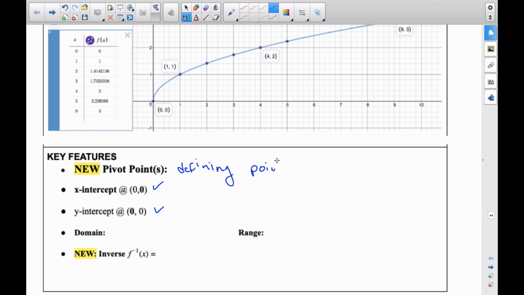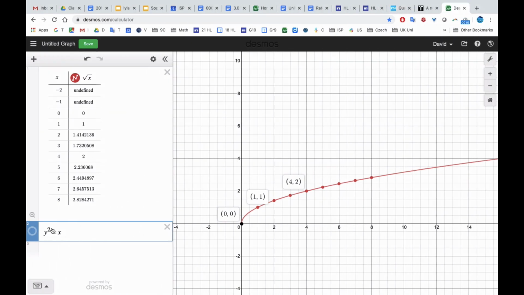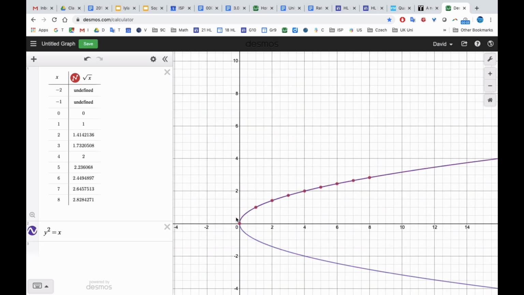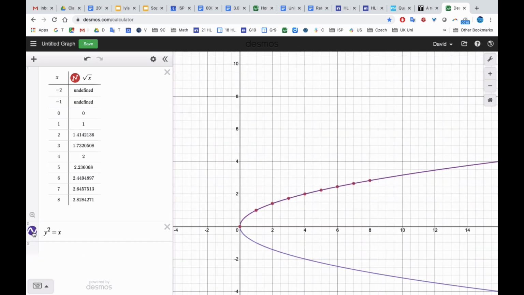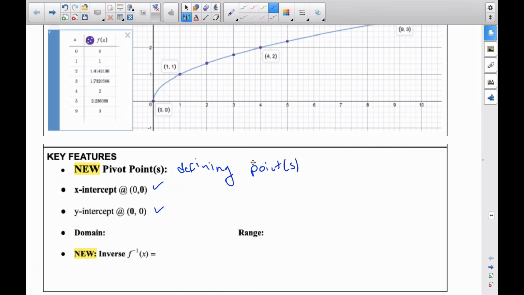If I think about a parabola, the vertex was our key point. That's our pivot point, and that's what we're going to call it for the square root function. Our pivot point in this case is going to be 0, 0. We're going to follow 0, 0 around as we move, change, and transform the graph.